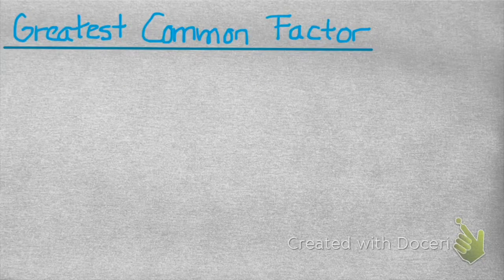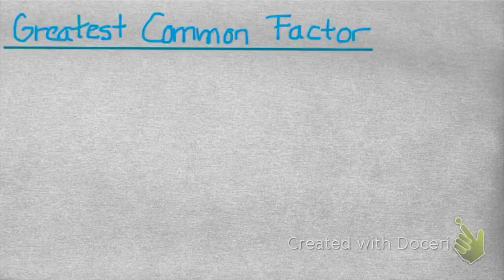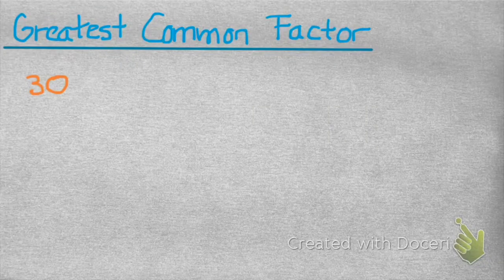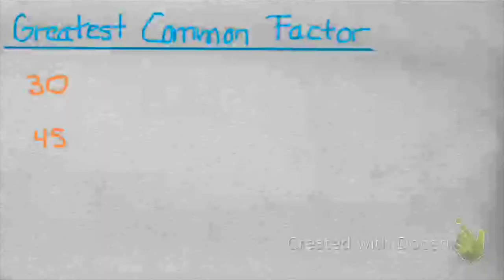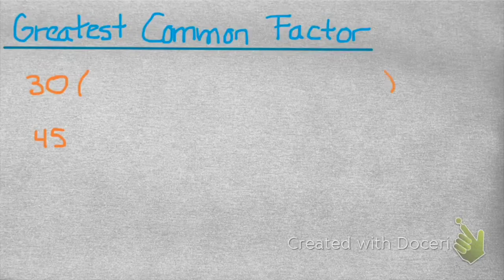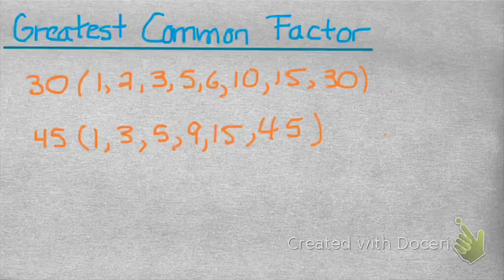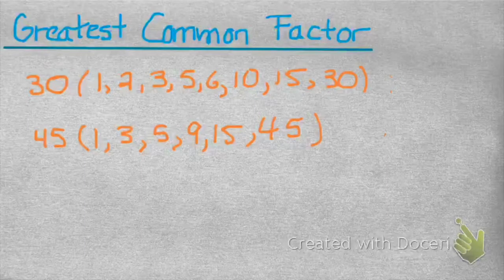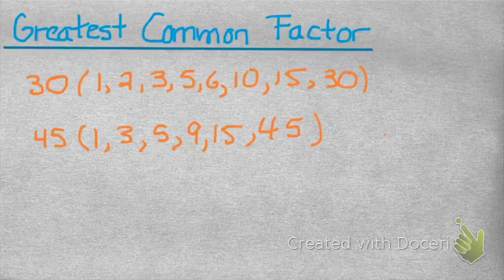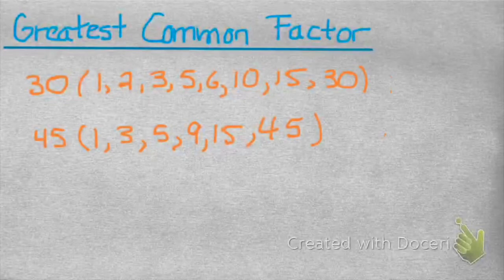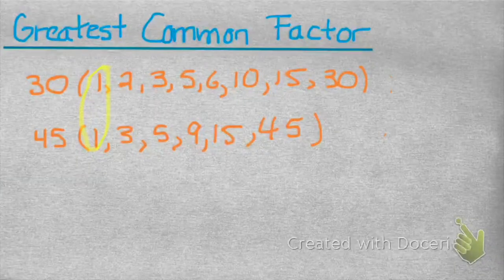My two examples to start with will be the number 30 and the number 45. I'm going to list out all the factors of 30 and all the factors of 45. You'll notice that there are some things that both 30 and 45 have in common. Right here I see that these all have 1. These have 3.